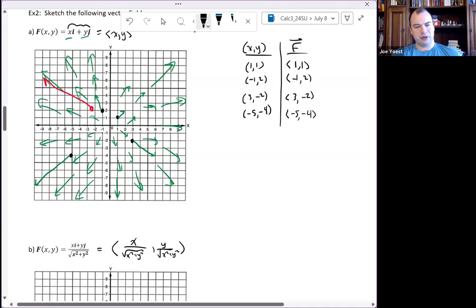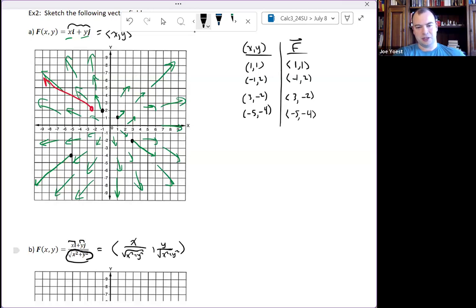I mean, the direction information is the same. All that I've done is divide by the scalar square root of x squared plus y squared. All I've really done is change the magnitude of the vectors, not their directions. Their directions are the proportional relationship between the x and y here.